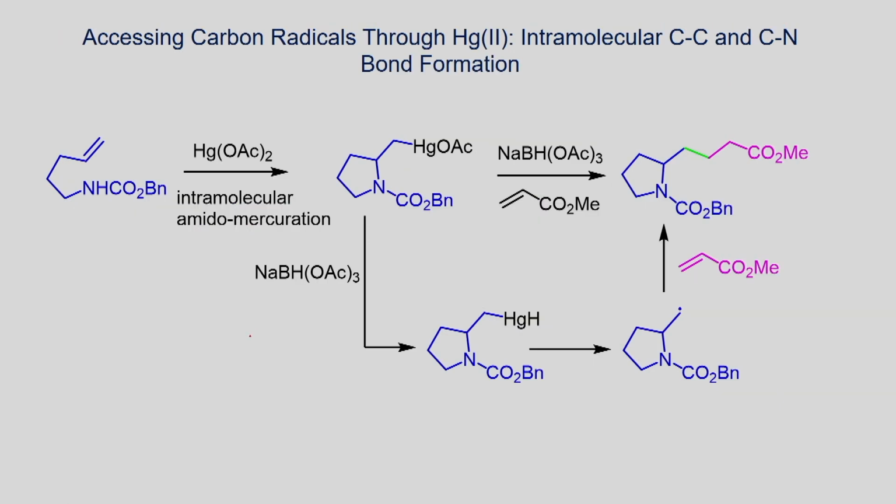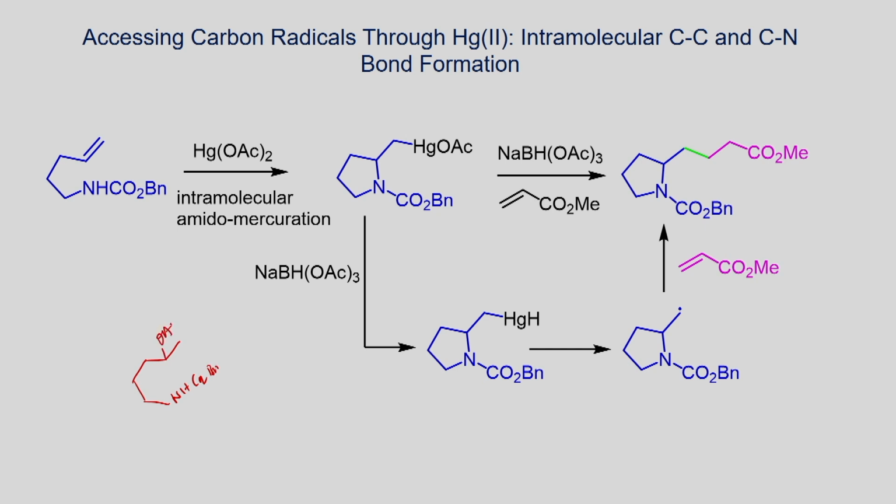Here, an example is shown where you use mercury acetate as a reagent. In this case, as we already know, when you have the alkene, it can react with mercury acetate.